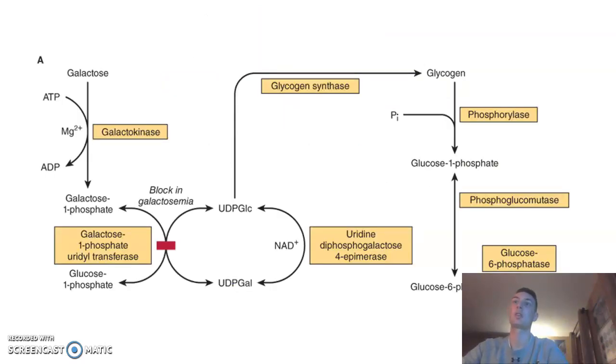Galactose is a simple sugar that is found in milk, so our case individual will have had exposure to galactose in their breast milk diet. Galactose is phosphorylated to galactose 1-phosphate by galactokinase. Individuals with galactosemia lack the ability to utilize GALT, which is the enzyme that converts galactose 1-phosphate to UDP glucose, which can then be used for glycogen synthesis.